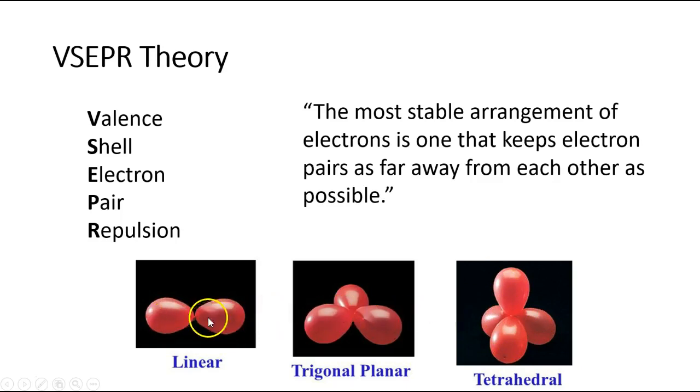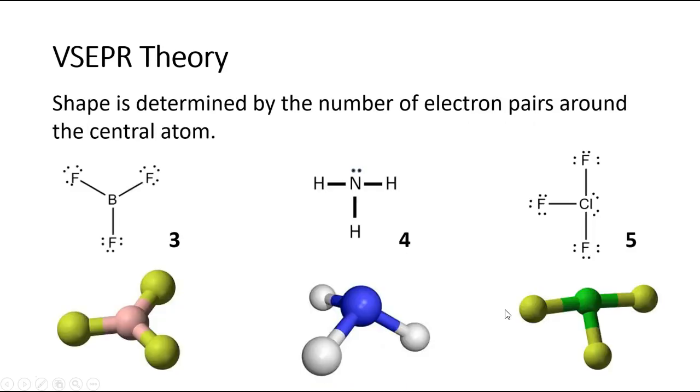These are things that you could actually depict in one plane, but a tetrahedral shape, you can't depict on a piece of paper really accurately, because it's actually a 3-dimensional shape. So again, shape is determined by the number of electron pairs around the central atom. And in boron trifluoride, there are 3 electron pairs around the central atom.